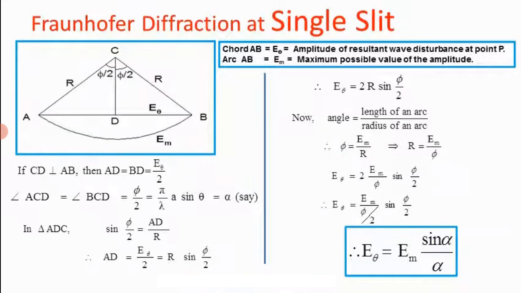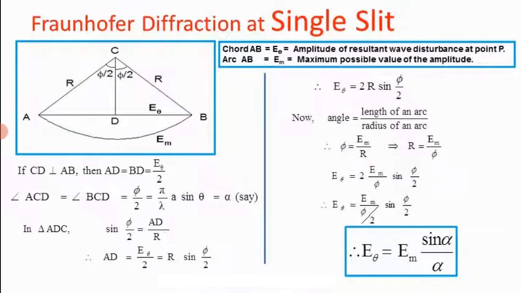Then in triangle ADC, sin phi by 2 is equal to AD upon R. Therefore AD is equal to E theta upon 2, so E theta is equal to R sin phi by 2 times 2. Therefore E theta is equal to 2R sin phi by 2. Now the angle is equal to the length of the arc upon the radius.